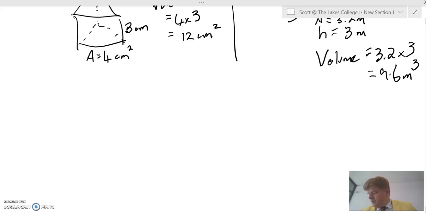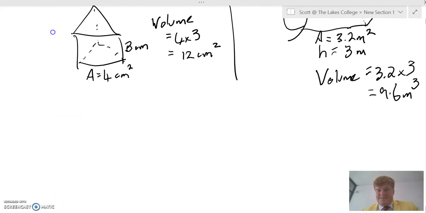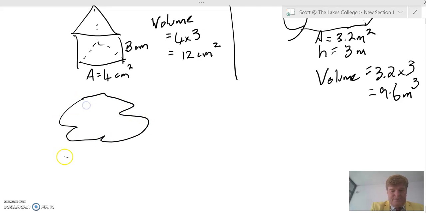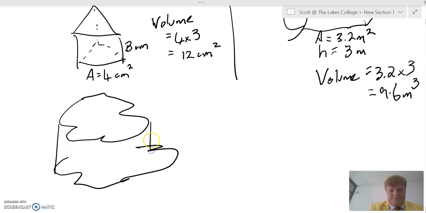And the last one that we were asked to do, A, C and E, was a shape like so, and it was the same base, same top and bottom. So we're told there the base equals 28 centimeters squared, the height equals 15 centimeters.